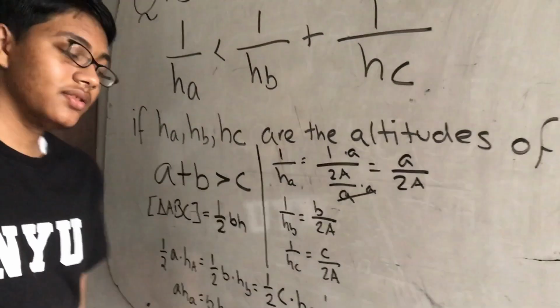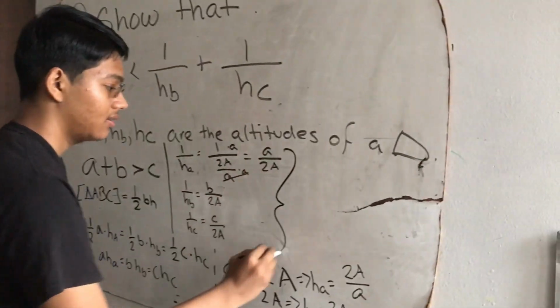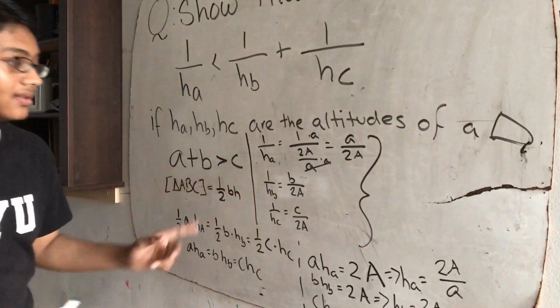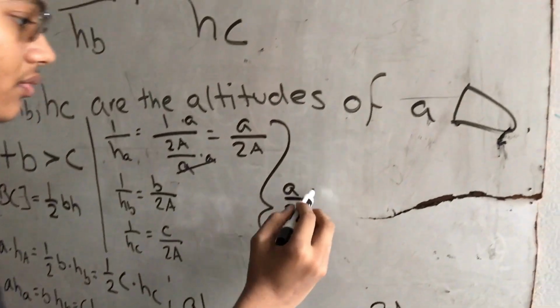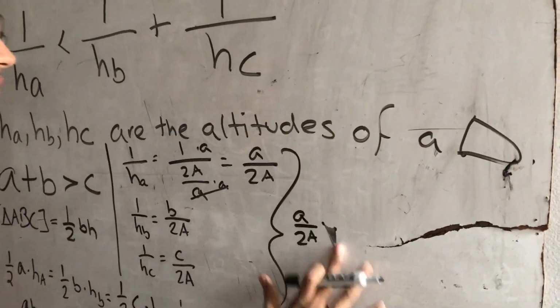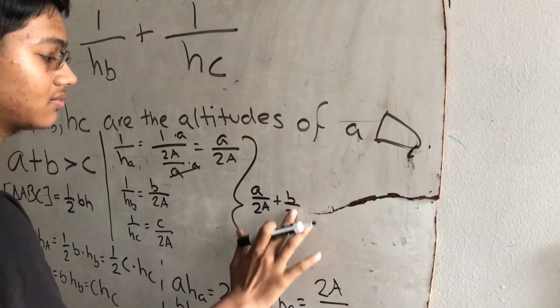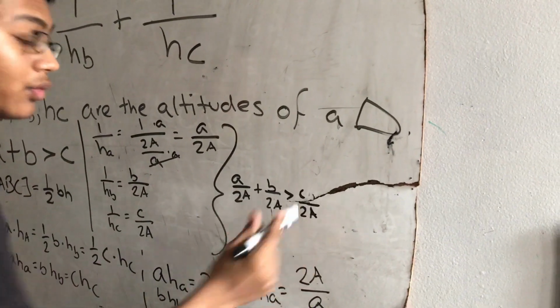Now I can finally use my triangle inequality theorem. How? Well, as you can clearly see, a plus b is greater than c. So that means a over 2A plus b over 2A will be greater than c over 2A. And why is that?